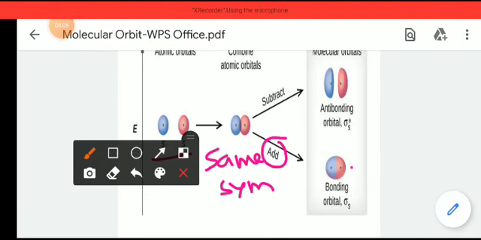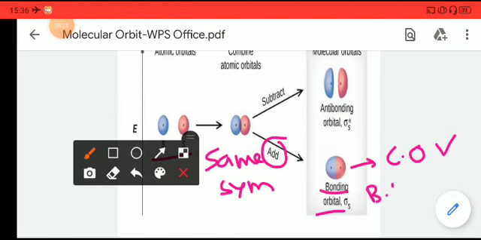Here you can see the constructive overlap occurring, and as the symmetry is the same, the two atomic orbitals are added to each other, and that is why the overlap region will be higher, and this will form a molecular orbital. This molecular orbital is called the bonding molecular orbital, or BMO.